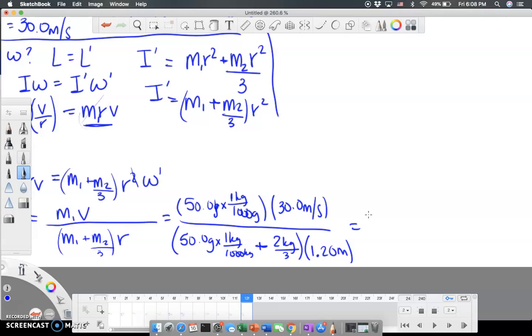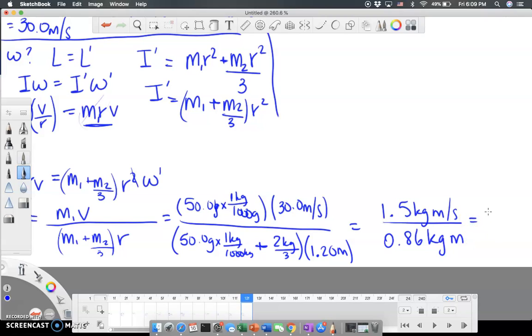I'm going to go ahead and do this in steps real quick. So 50 divided by 1,000 times 30 gives me 1.5, and this is kilogram meters per second. Then 50 divided by 1,000 plus 2 over 3, times 1.2, gives me 0.86, and this is kilograms times meters.